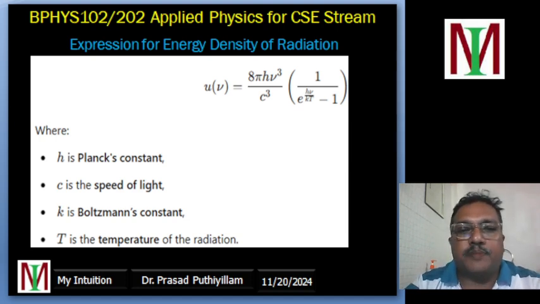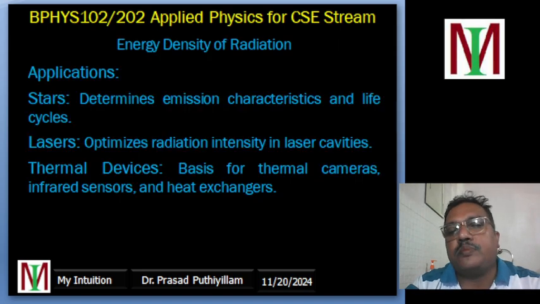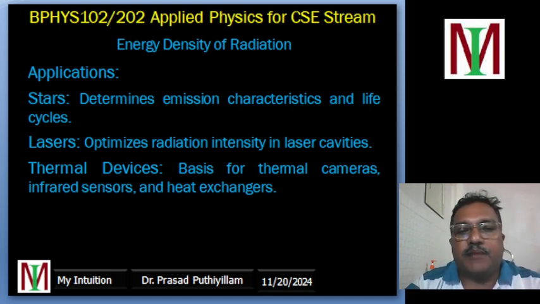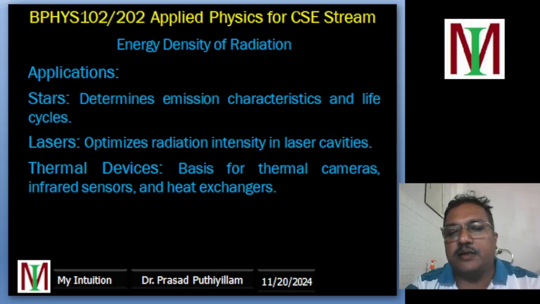Now we will see the applications of the energy density expression. It can be used to understand the radiation in stars. I explained already the energy density of the radiation in a star.